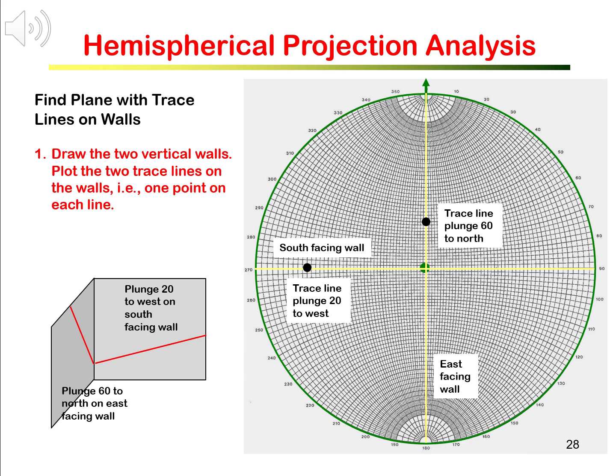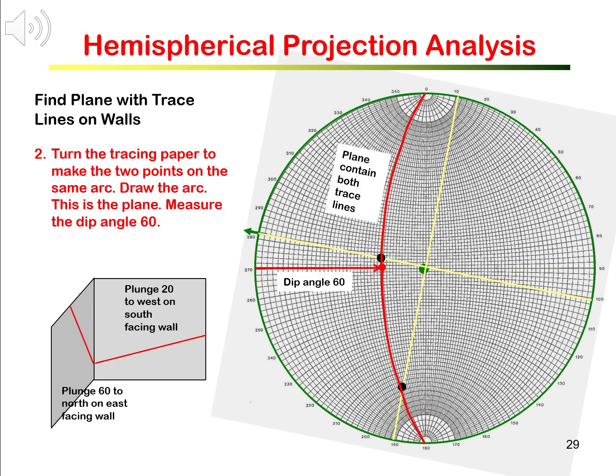Similarly, we count 60 degrees from the north on the vertical diametrical line and mark it as the trace line plunging 60 to the north on the east-facing wall. Those two trace lines are shown as two black dots here. The plane we're looking for is formed by the two trace lines, or by a different expression, the two trace lines are on the same plane.